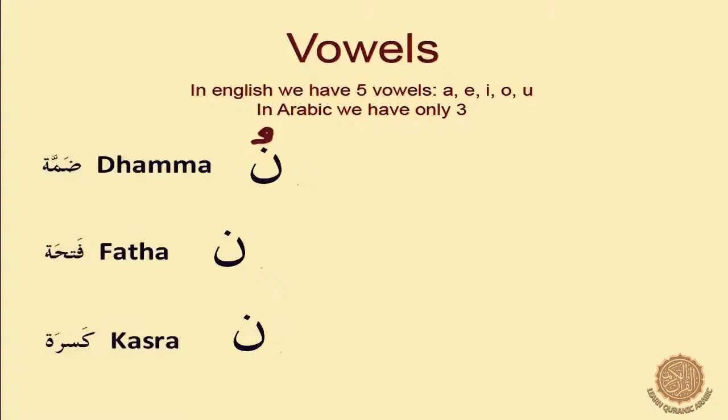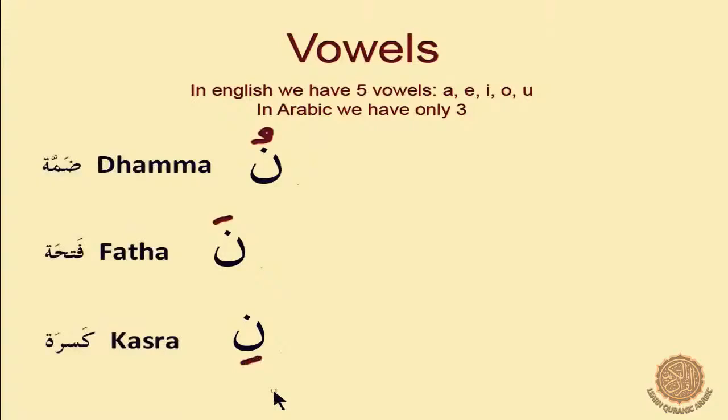Now with Fatha, it's written as a line on top of the letter, and it has the sound of A. That would be Na. Finally, we have the Kasra. With the kasra, it's similar to a fatha, but it's written on the bottom of the letter.